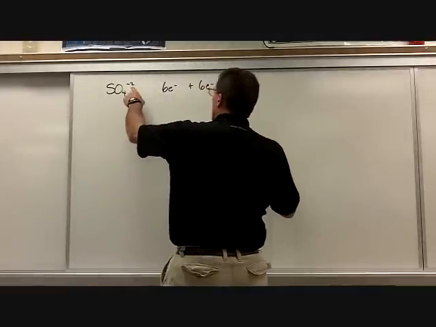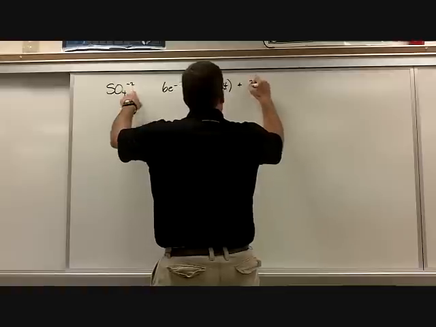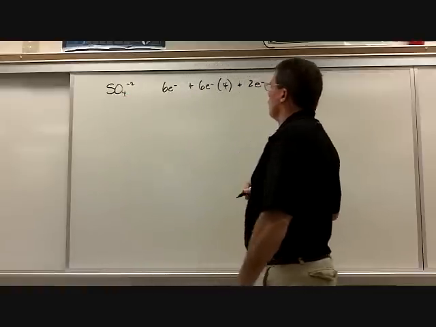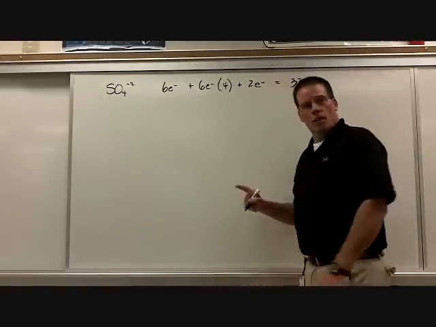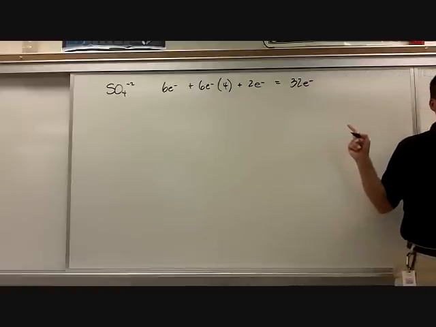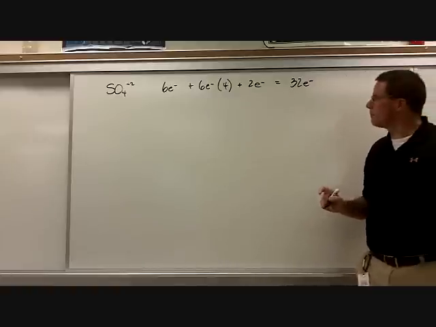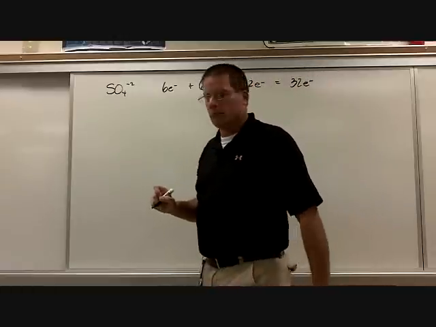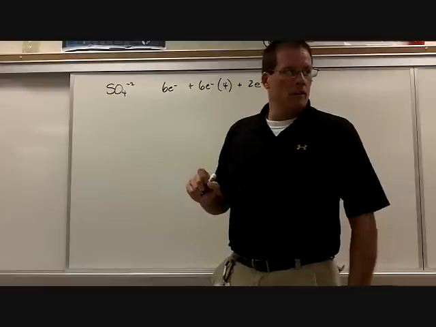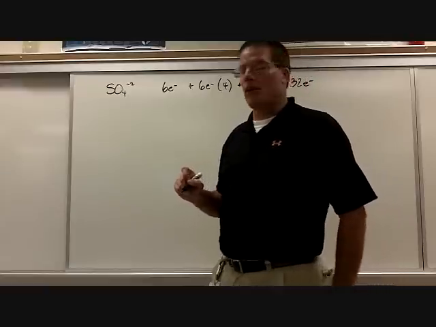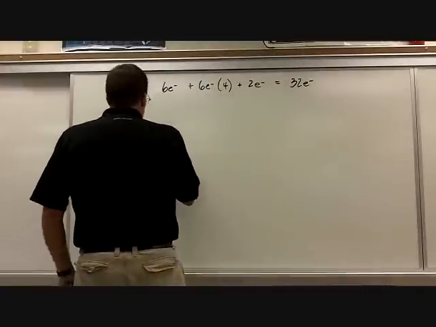The -2 means we're going to add 2 more electrons, so that gives us a total of 32. That's still the same. If you need to use your calculator, that's fine.